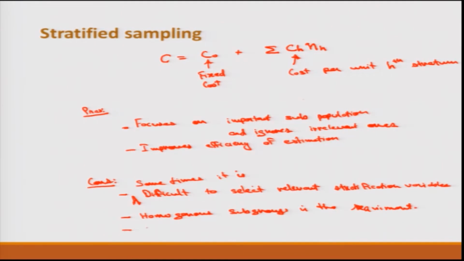It can be expensive sometimes. It requires accurate information about the population or it can induce bias.